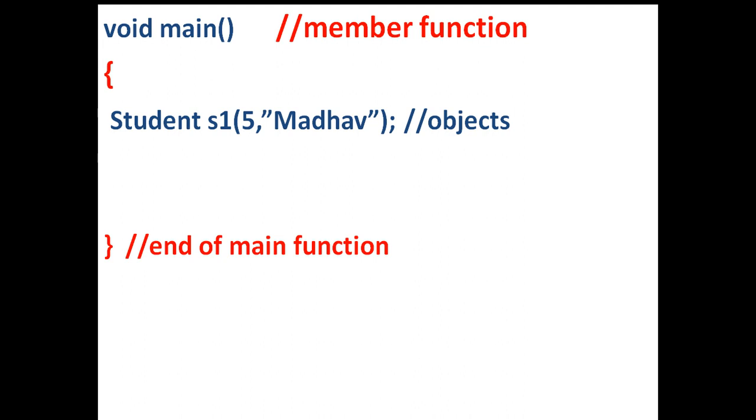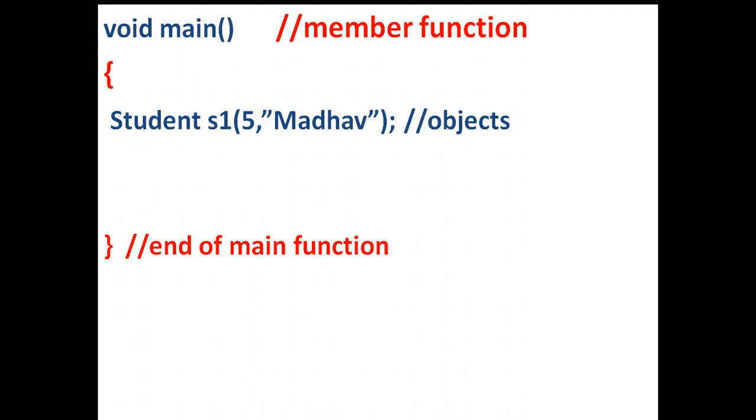These values must match the order and data types of the constructor arguments. If we have given roll number first, then the roll number argument must be written first in the parameterized constructor. And if the second value is of character type, then the second argument of the parameterized constructor must be of character type.